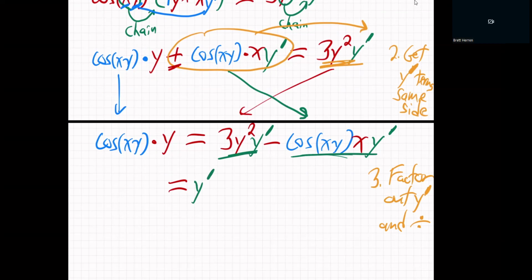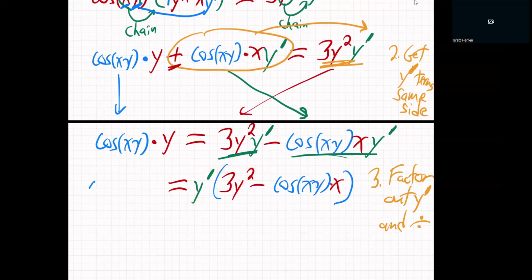Take the y prime out, leaves 3y squared minus cosine xy times x. See how that's correct? That y prime went boom, boom, it would go right back, huh?